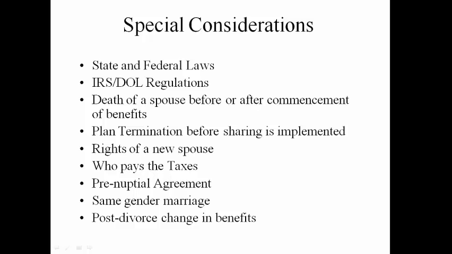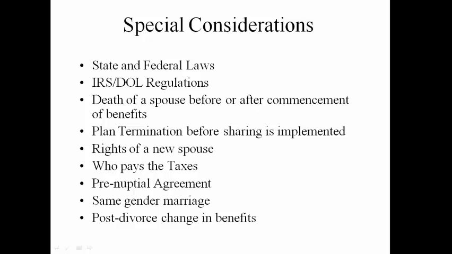Next in line for a special consideration is death. We know that when we write an order, we're presuming that nothing will happen between the date we wrote the order and the date that the division will take place. That's not true. Because if one of the spouses dies before or after the commencement of benefits, there's a problem if the order doesn't specify what to do.